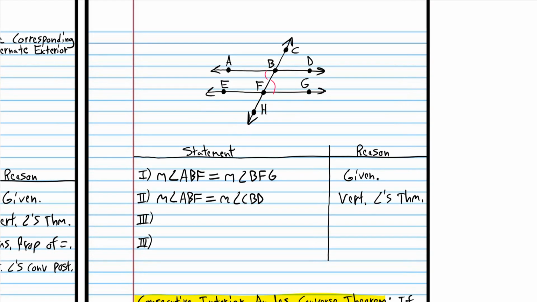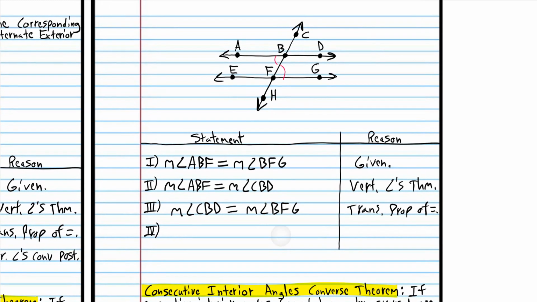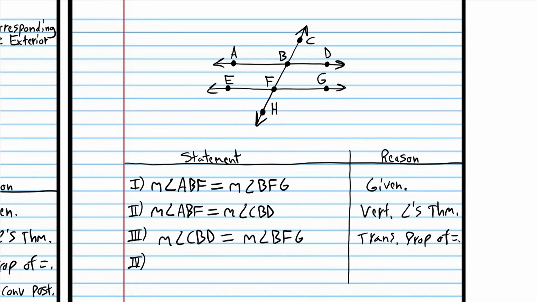So now, by the transitive property, we know that the measure of angle CBD is equal to the measure of angle BFG, and because those measures are equal, again, I want to be clear, CBD is equal to BFG.